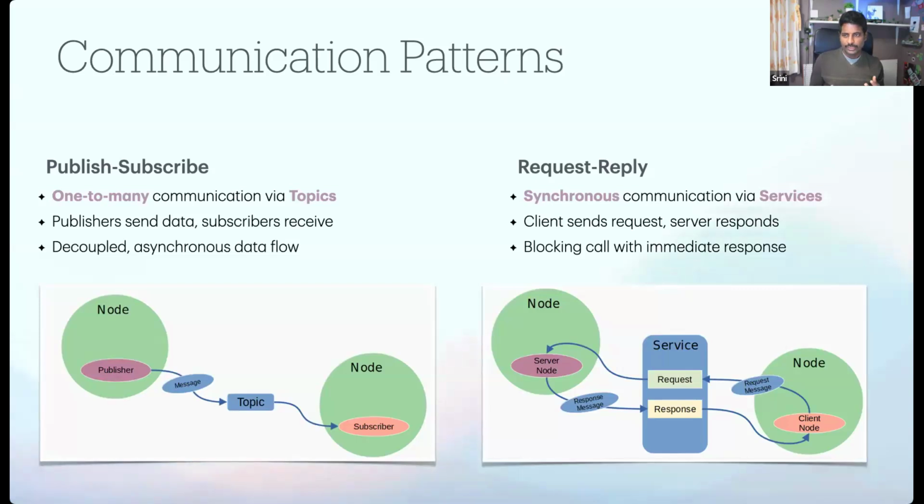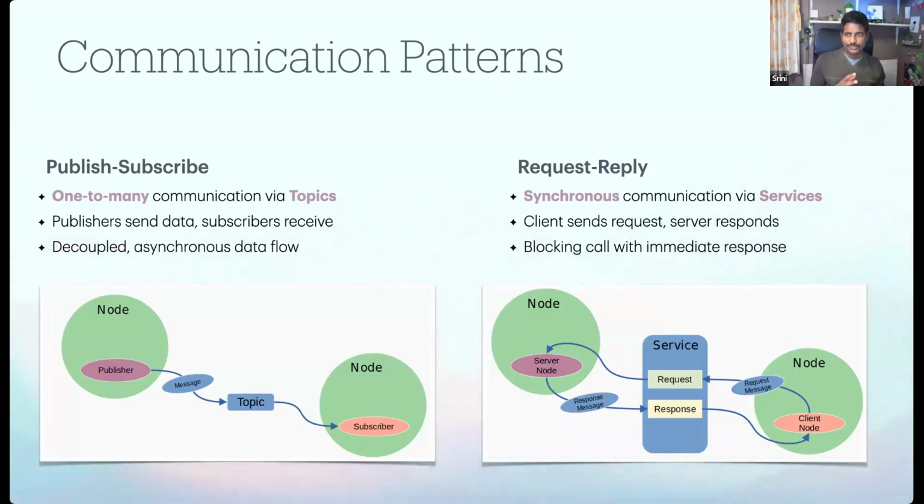But there are things where it is not instantaneous, right? Some requests like, compute this checksum, or compute the error in this, or detect the object in this image. Those kinds of operations are not instantaneous.